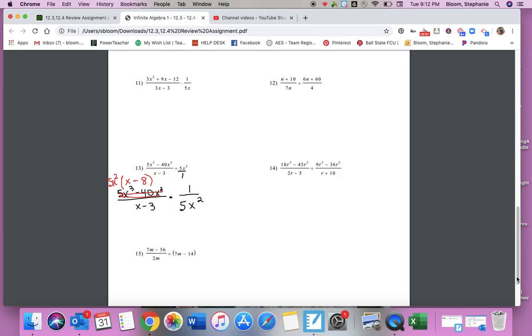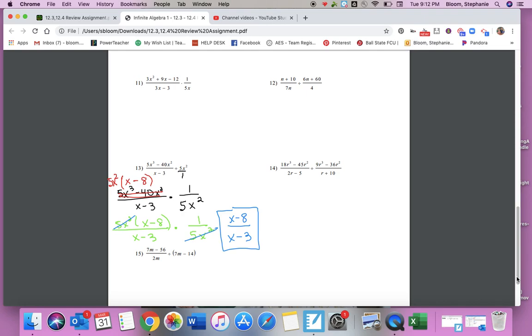So if I rewrite this, 5x squared times x minus 8 over x minus 3 times 1 over 5x squared. Notice these monomials can be canceled top and bottom. And then I'm just going to multiply across, and I'm just left with x minus 8 over x minus 3.